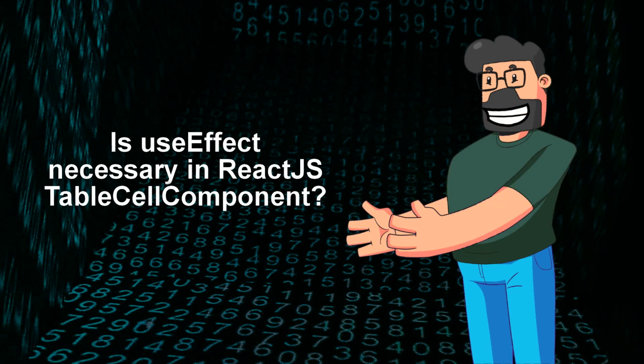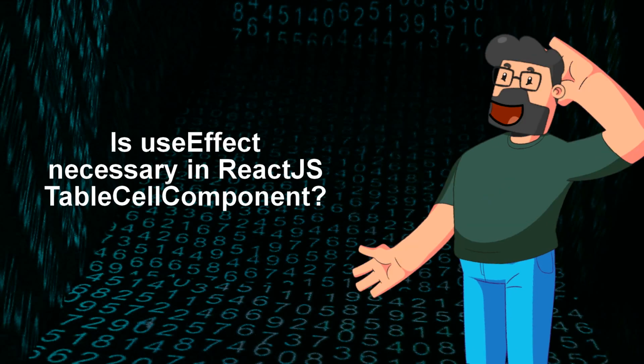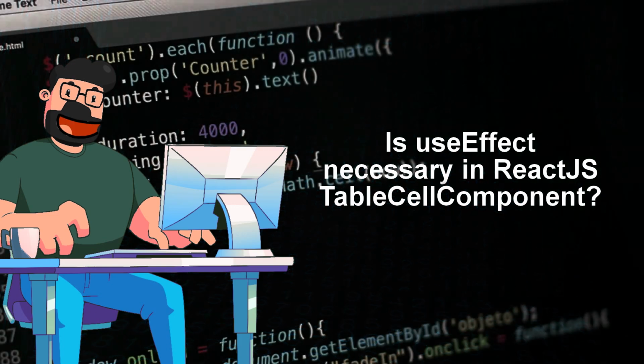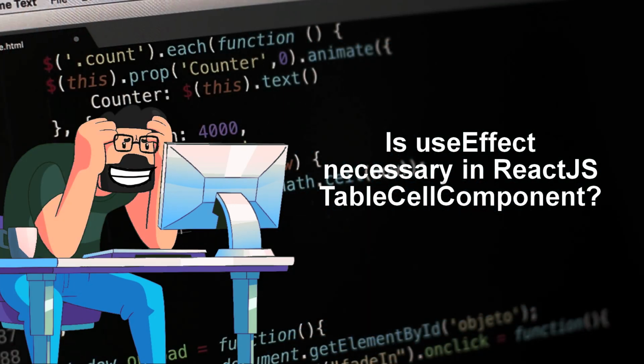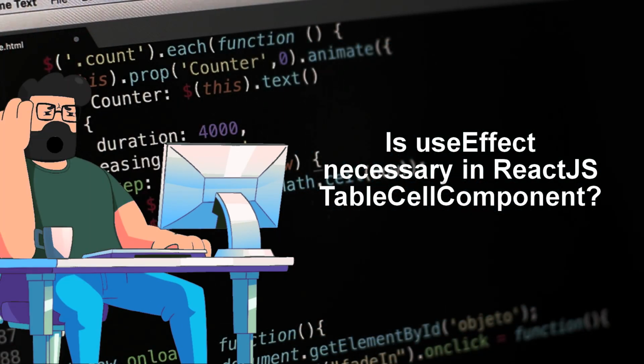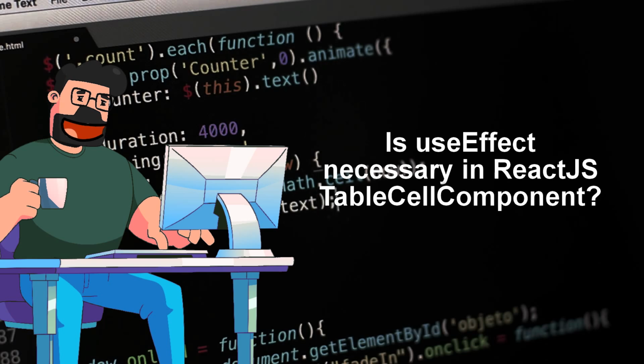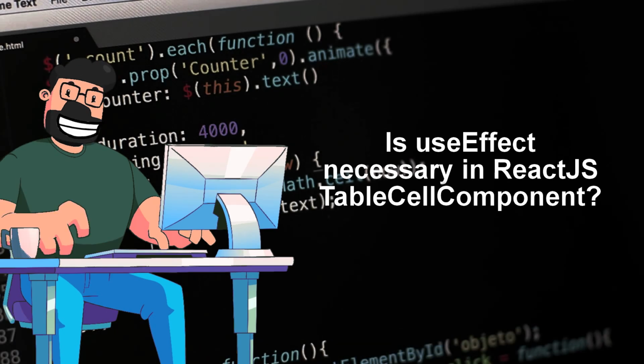The question is: is it necessary to use useEffect and useState in this scenario, or is a simple function enough to render the element? In analyzing the solution provided, it becomes clear that in this case, implementing useEffect and useState is not required. The renderValue function is executed only once within each TableCellComponent, and there are no updates happening within the component itself.